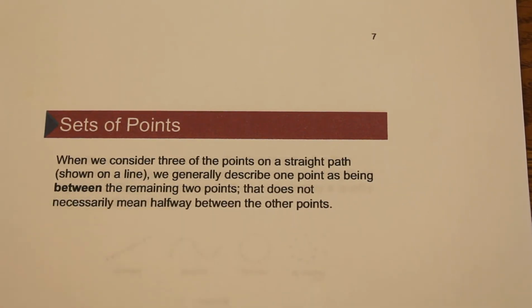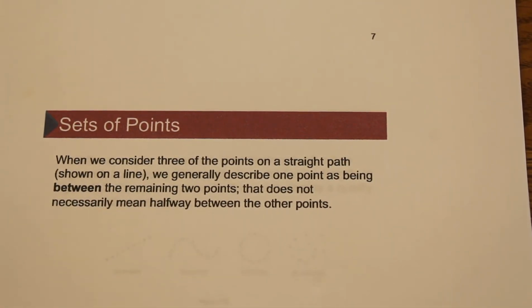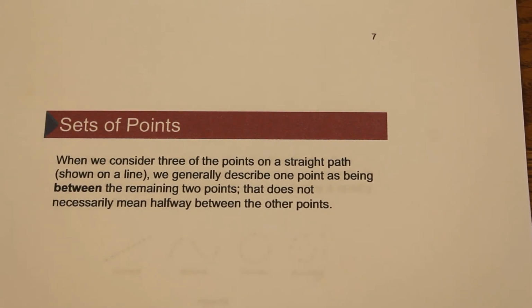But when we talk about 3 points on a straight path, we generally mean that one of the points is between the other 2 points. That does not mean that it's halfway.